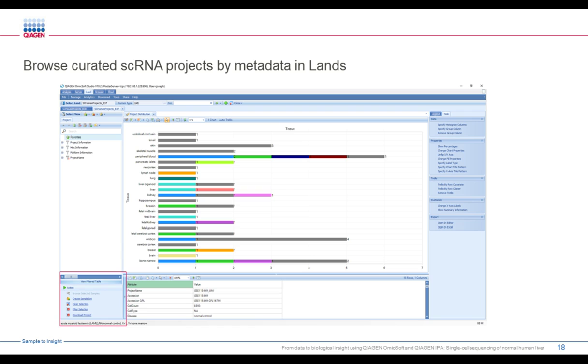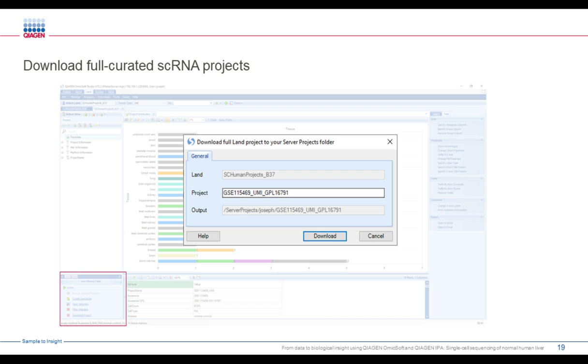We also have project metadata that are of interest. When you find a project of interest, you can actually click download that project into your server project, and the full package will be in your project folder.